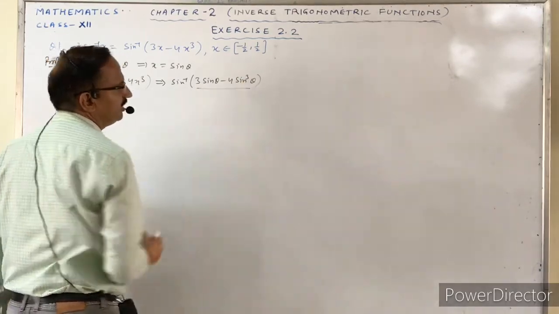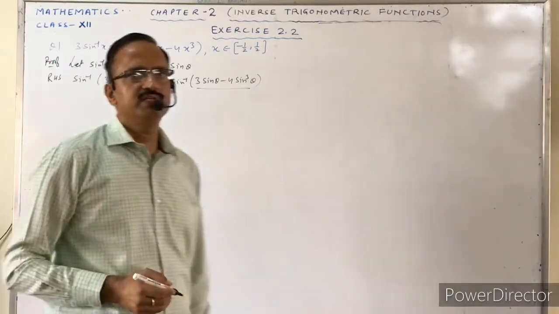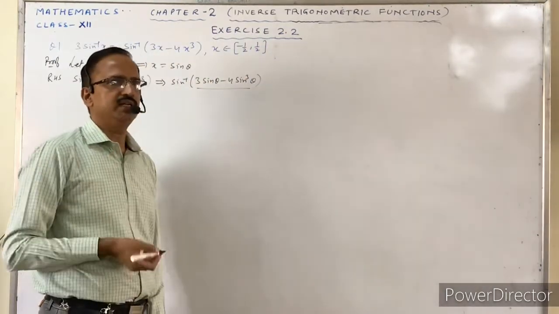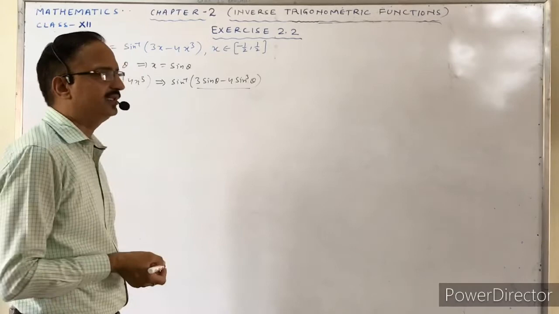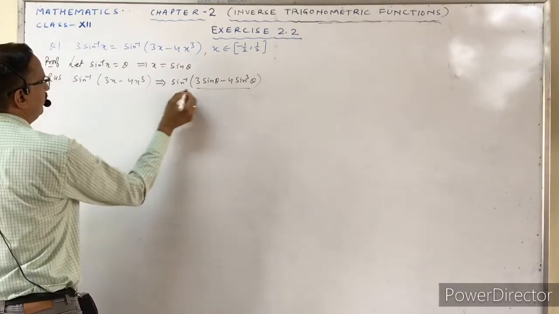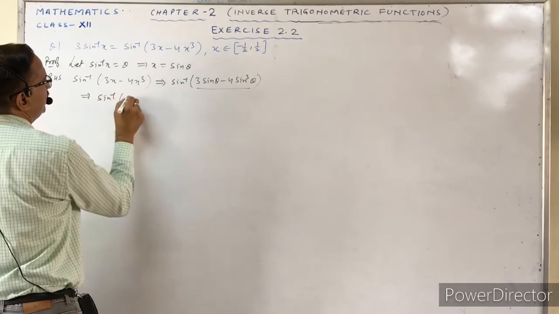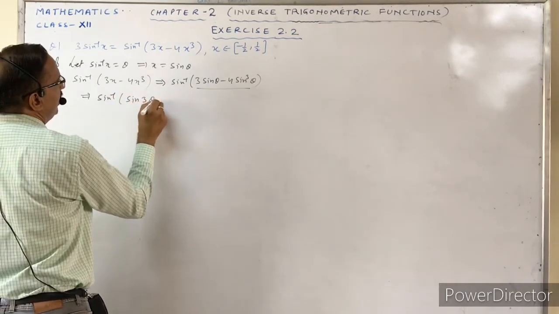And this is nothing but the value of sine 3 theta. This we have studied in class 11, chapter number 3. So in place of this we can write sine inverse, and this is sine 3 theta.